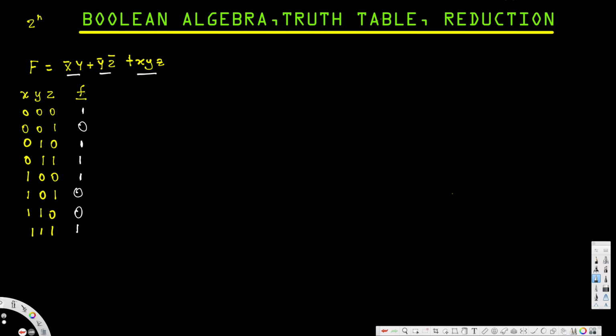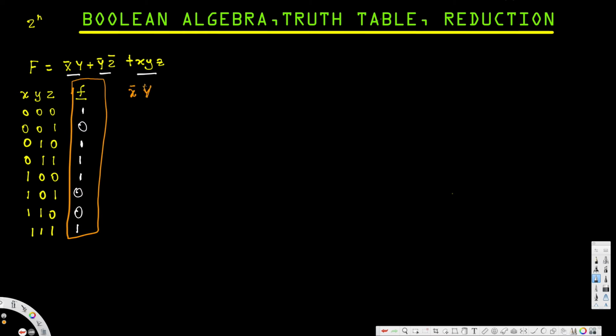Okay, now this is a shortcut, and if you don't like this way, there's a longer way to do this. You can find each term individually and you can OR them together. So I do the long method right now. So this is the final answer. Now in the long method we can compare. Okay, x bar, y bar, x bar, y.